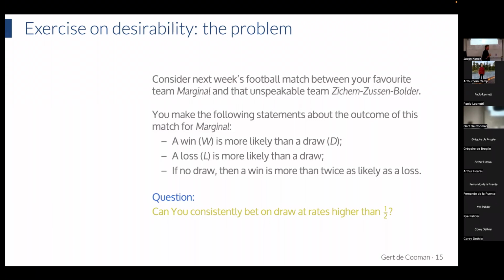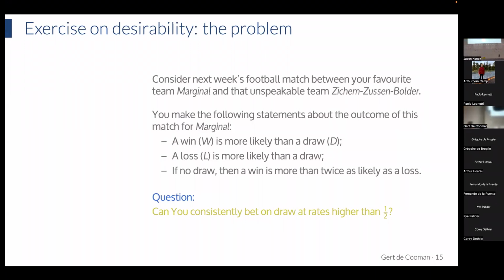That is the gamble. And then to call it off, no draw, which means win or loss. But this is equal to the original gamble. So I didn't have to take it explicitly into account. It's already in there. So this was something to mislead you or lead you astray. Okay?